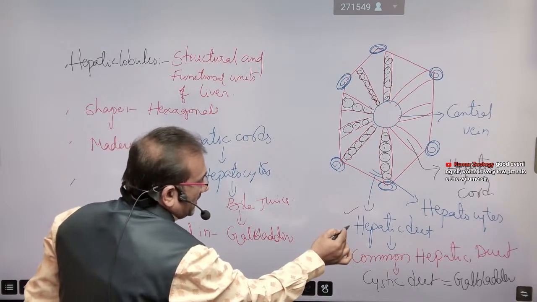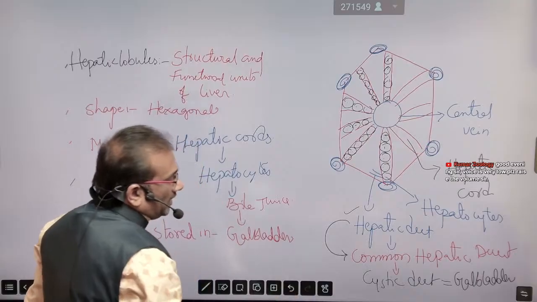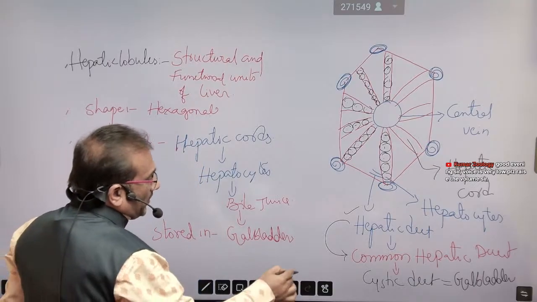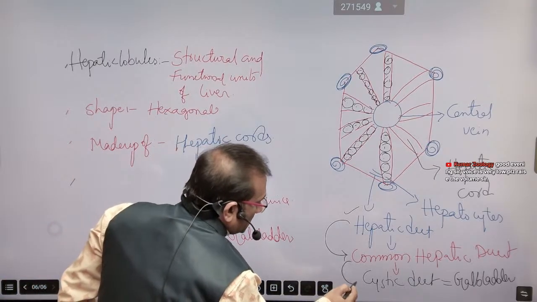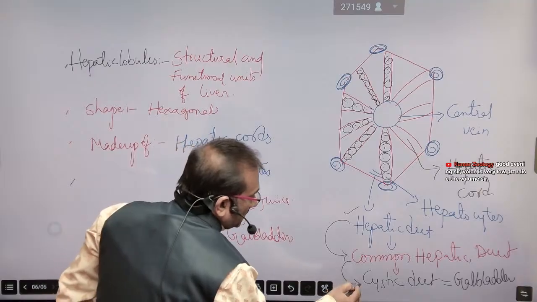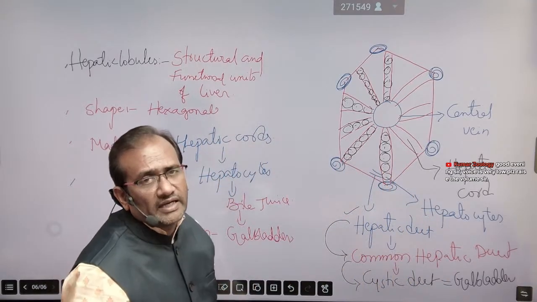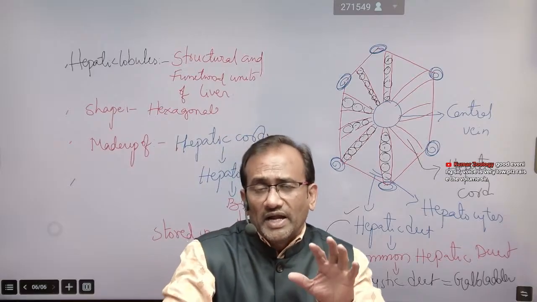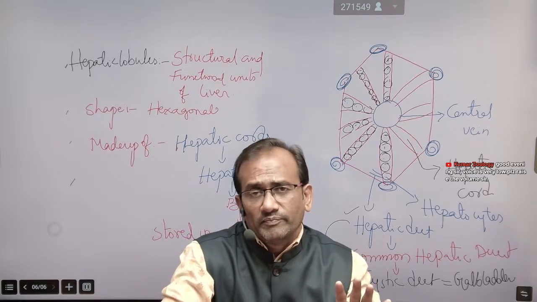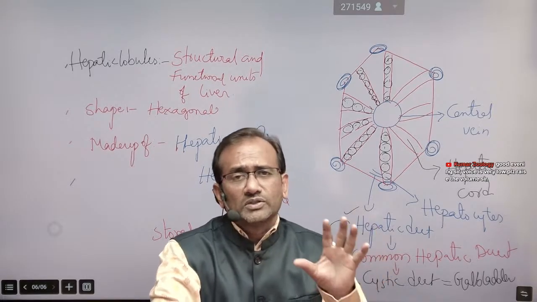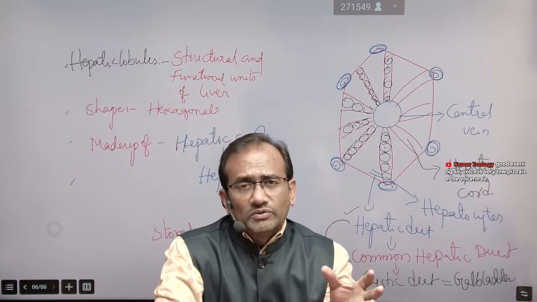All hepatic ducts collectively form a common hepatic duct. This common hepatic duct opens into the cystic duct, and the cystic duct slowly enters the small sac that is called the gallbladder, which stores bile juice for some time.